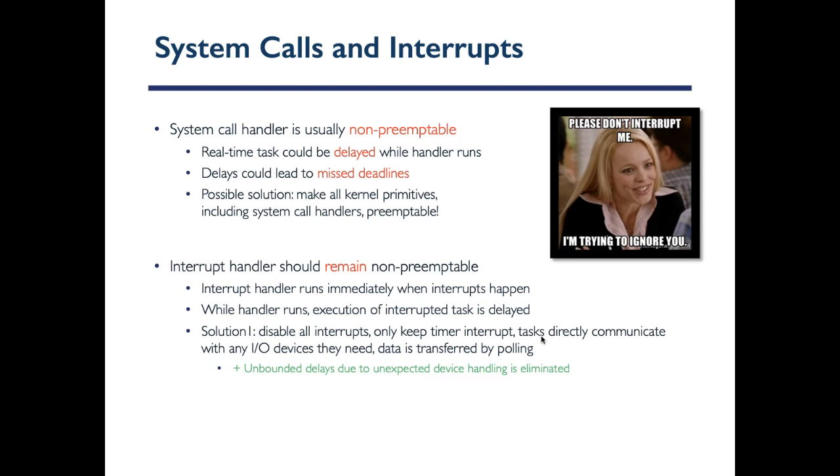Only keep the timer interrupt so that you get to schedule tasks as usual. And you still need to deal with I/O devices, right? So what you can do is move all the responsibilities of dealing with I/O devices to each individual task. So any task that needs to deal with I/O deals with I/O individually.